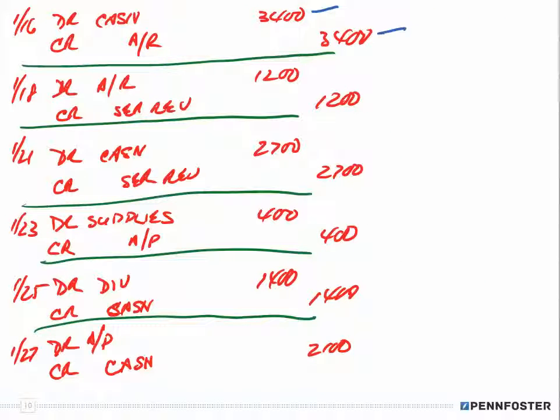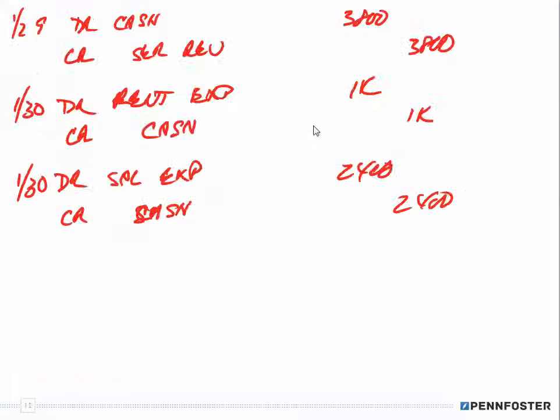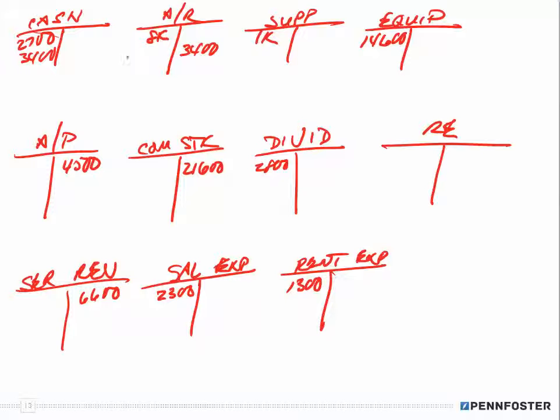Then I have a debit to accounts receivable for 1,200 and a credit to service revenue. Debit for 1,200 and a credit to accounts receivable for 1,200.